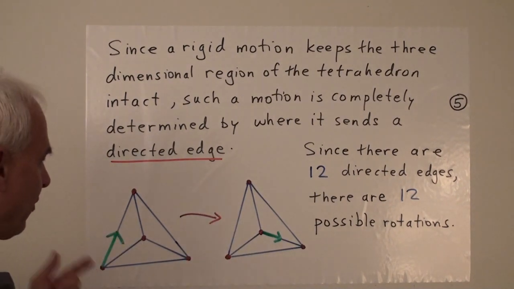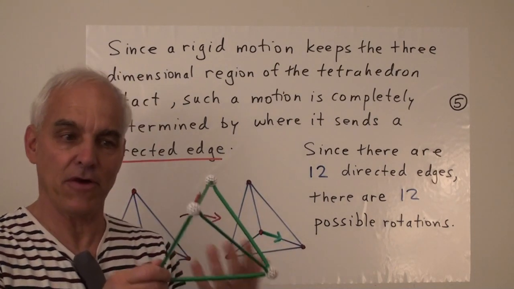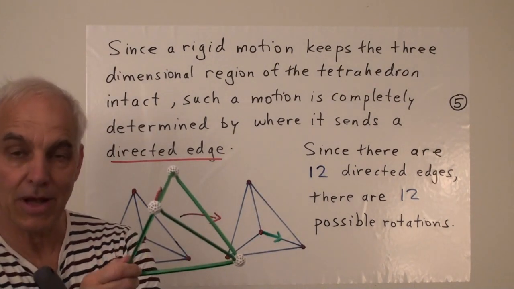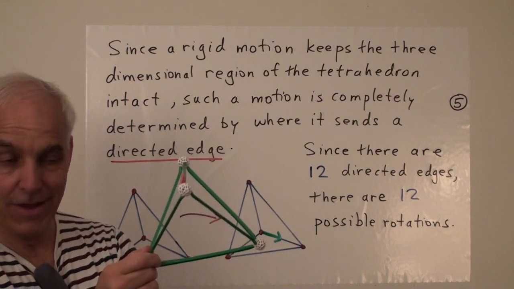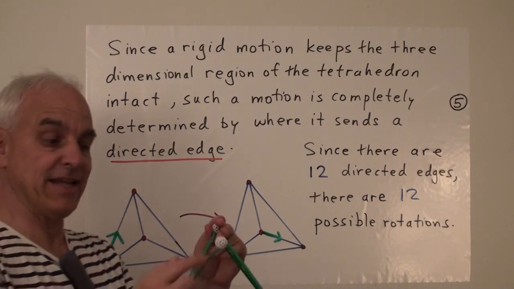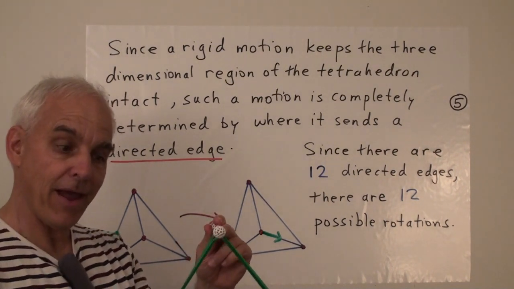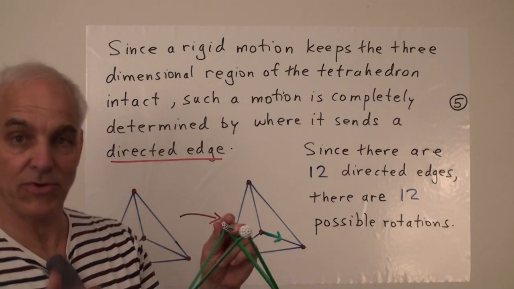So really it's a question of just counting, well, how many possible places are there for this little red arrow? In other words, how many directed edges does the tetrahedron have? And that's actually easy to work out because there are altogether 6 edges, and each edge will have 2 possible directed edges.